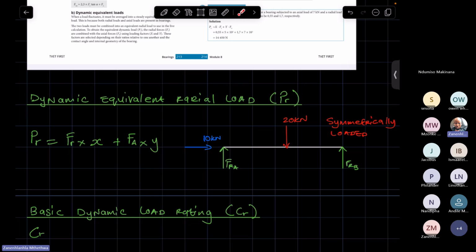So we can liken the dynamic equivalent radial load to working strength, because this is the constant load that a bearing is subjected to at its center, depending on if the bearing only has radial loads, or both radial loads and axial loads. So the X and Y.